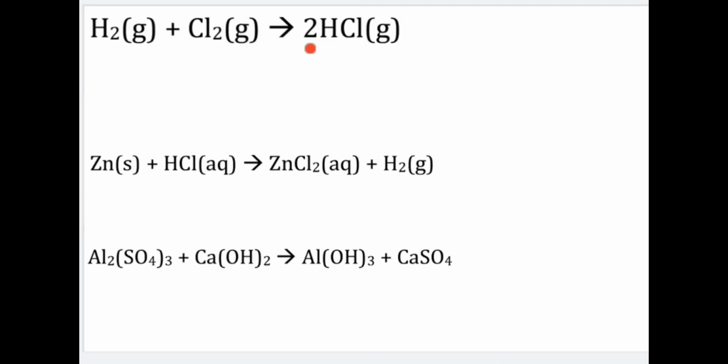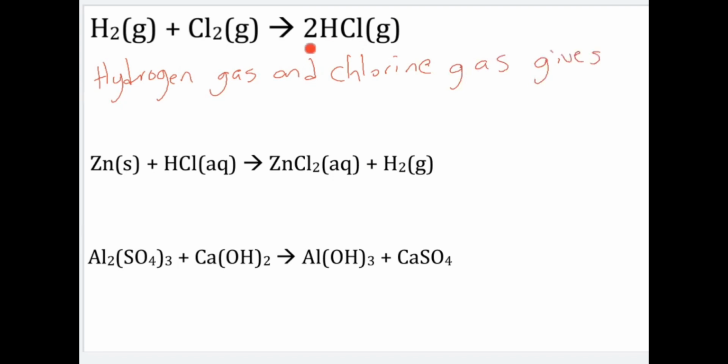So let's do the first one, and this is H2, and this is hydrogen gas. So hydrogen gas and Cl2 is chlorine gas, gives HCl, and it's in the gas state, so that is called hydrogen chloride gas.